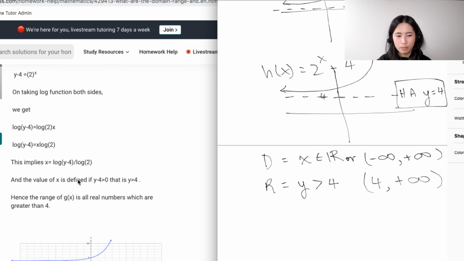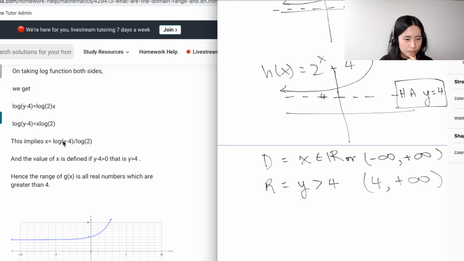There's no point in taking the log. Let's see what they're trying to do. They have log of y minus 4 over log 2. If you have x equal to this, it just becomes harder to graph, because how can you graph log of y minus 4 divided by log 2 off the top of your head? So just know the parent function and stick to simplicity. Don't complicate things.